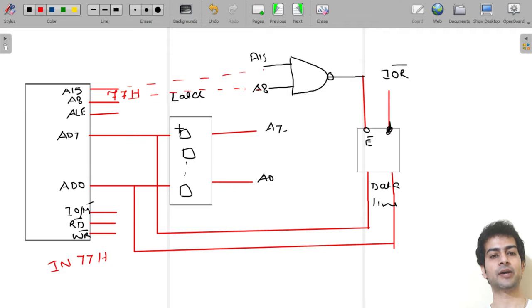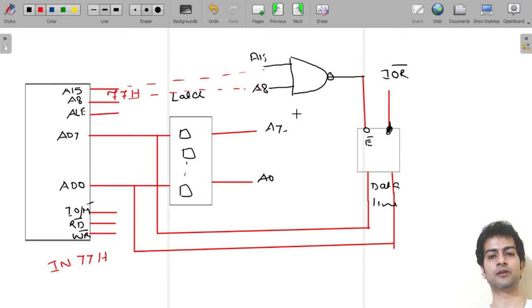And the benefit is that in this process we don't require the latch. For enabling the input output device, we can use the higher order address line, and for bringing the data to the microprocessor we can use this path, and the latch would have got bypassed.